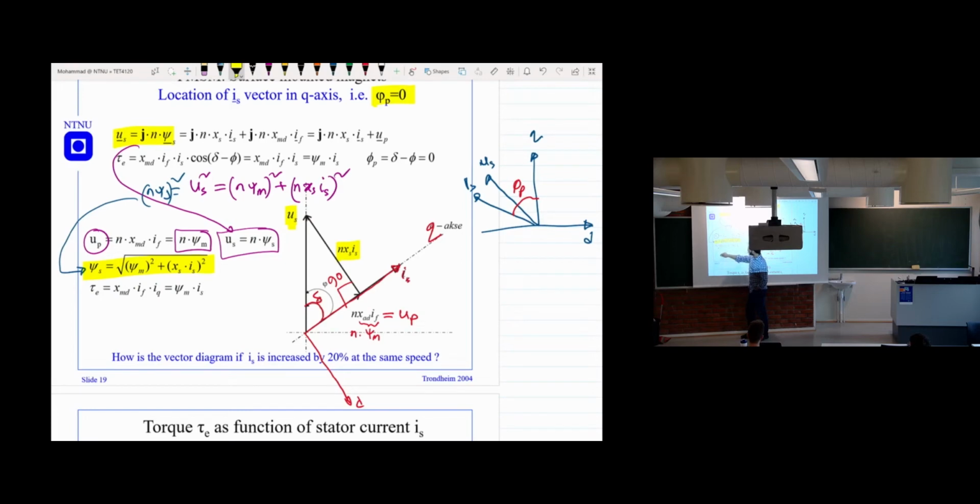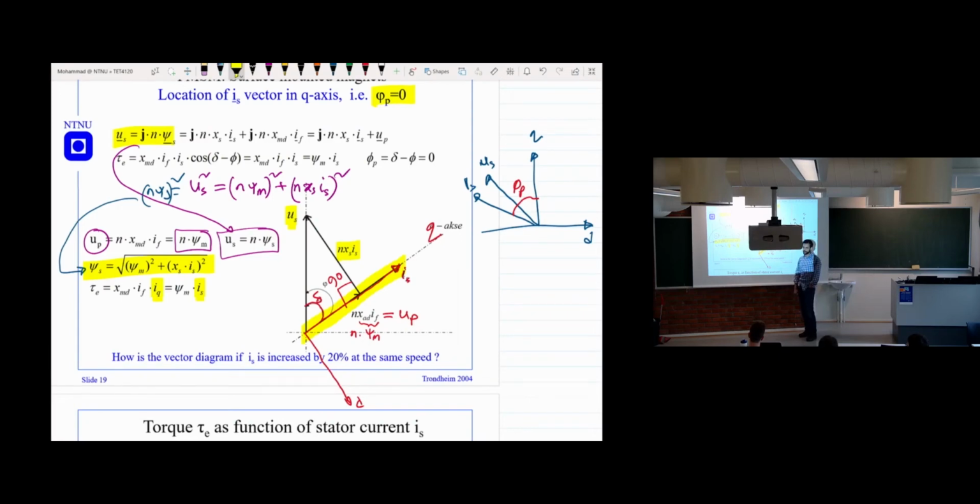And now if we look at the torque, we see that torque is the magnetic flux multiplied with IS, the stator current. And why is it the stator current? Because all the current is now in the q-axis. Therefore you can write IQ equals IS here. Because we do not have, what is the d-axis current component?